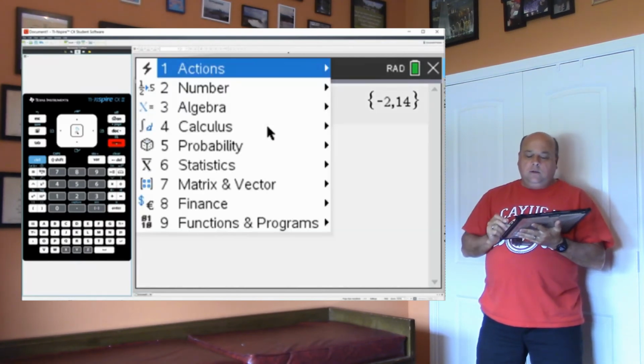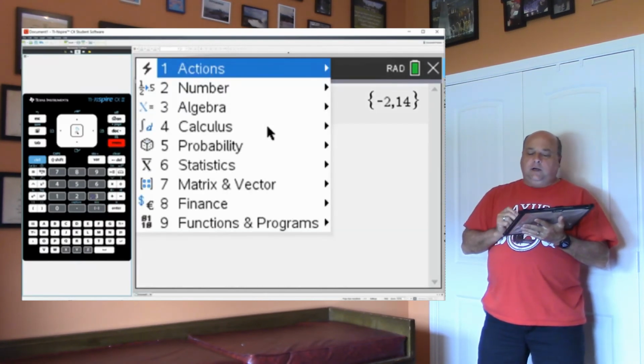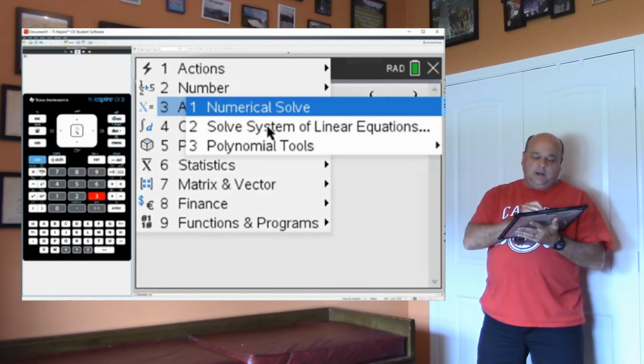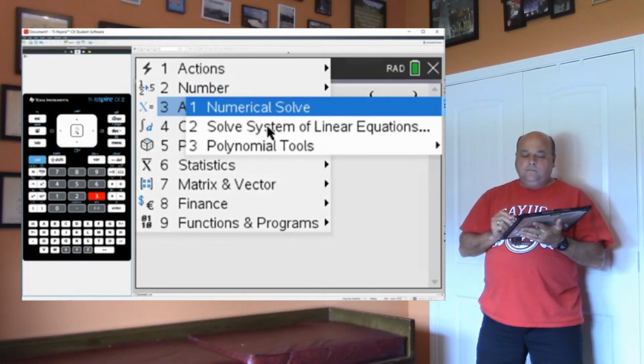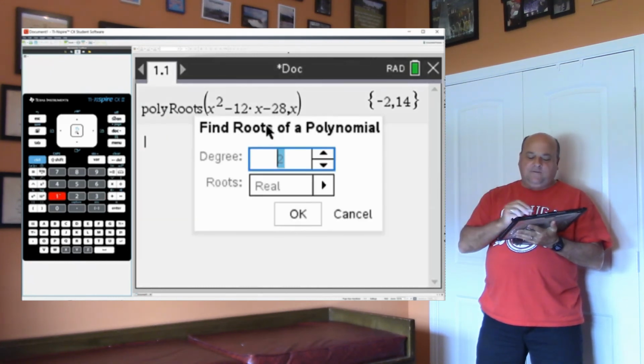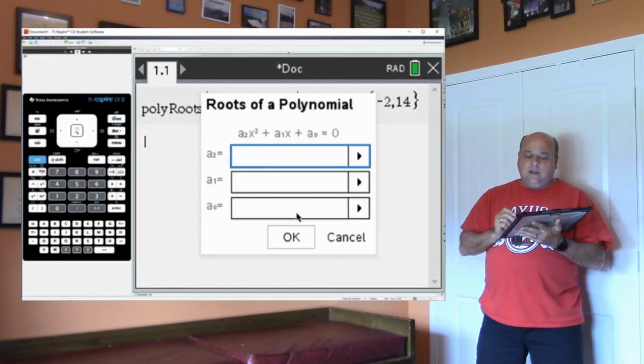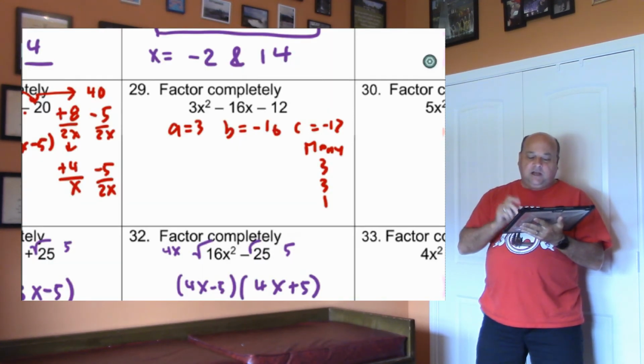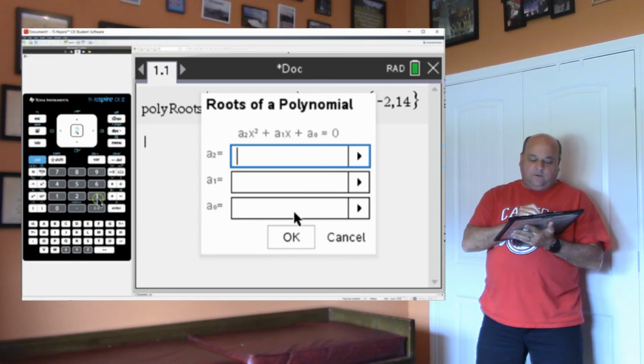So menu, algebra is 3, and then polynomial tools is 3, and then find the roots 1. And then I have a degree 2, so hit OK.